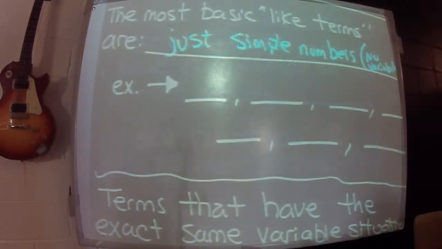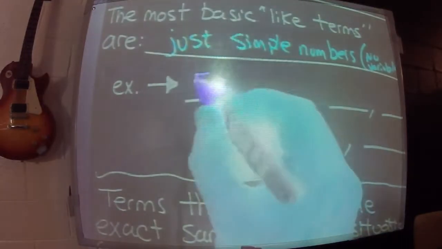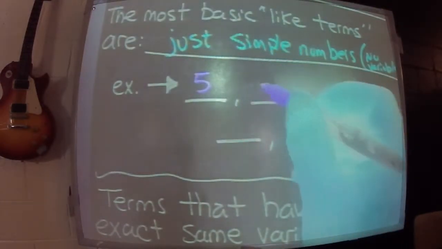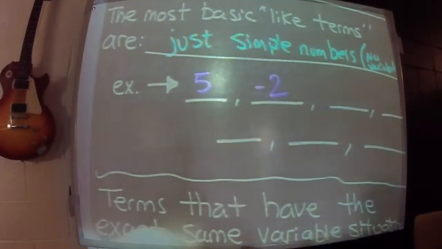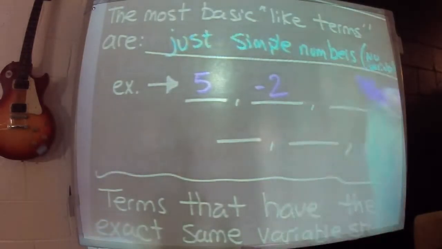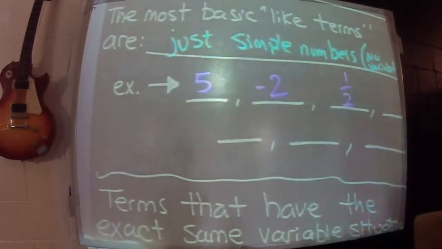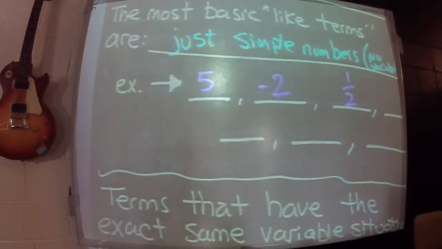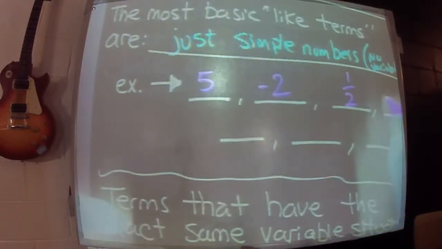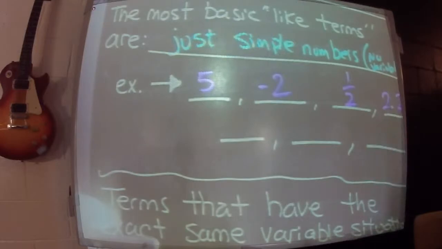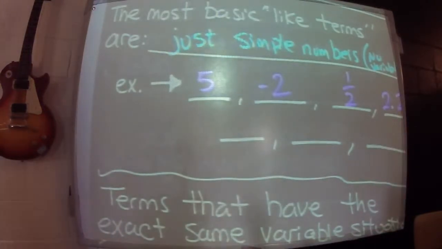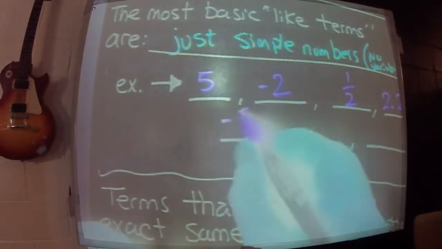Give me a number, Desiree. 5. 5's a number. Give me a number, Jaden. -2. Give me a fraction, Coleman. 1/2. Give me a number with a decimal, Jacob. 2.2. Preston, give me a fraction. 5/8. -5/8.